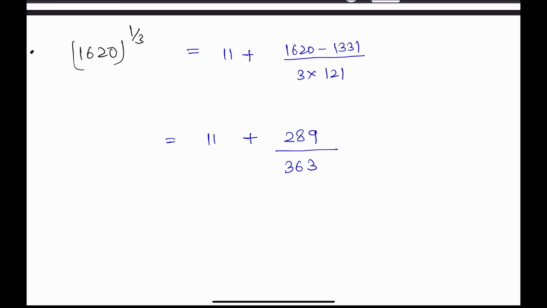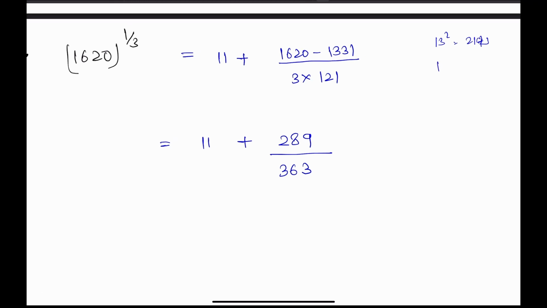We know 13 cube is 2197, sorry, I forgot. 12 cube is 1728, not 1278, 1728, and it's kind of easy.